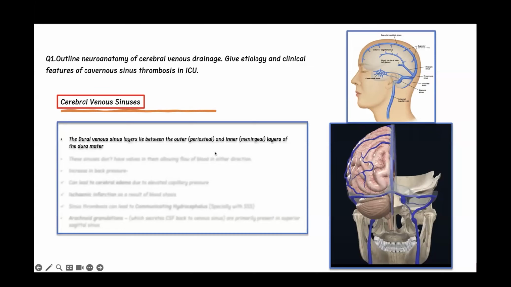Now, these sinuses do not have valves in them, unlike other veins, which allows free flow of blood in both directions. It should ideally flow out of the brain into the heart, but if the pressure changes are reversed, then it can flow the other way around.